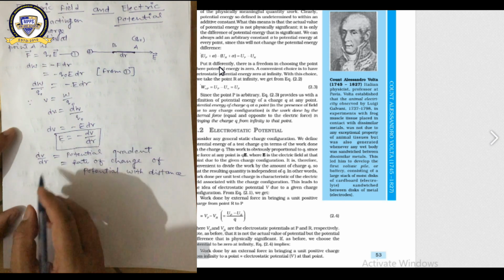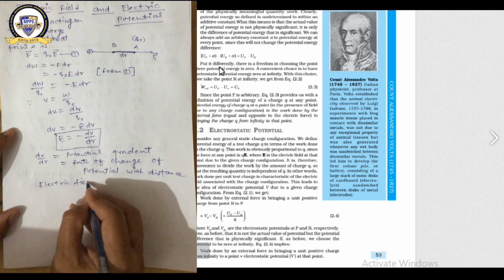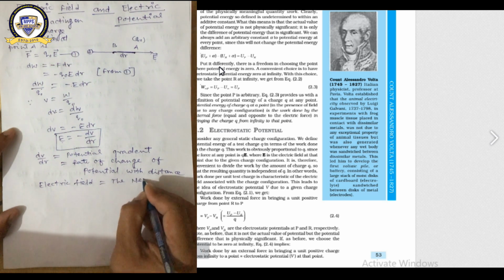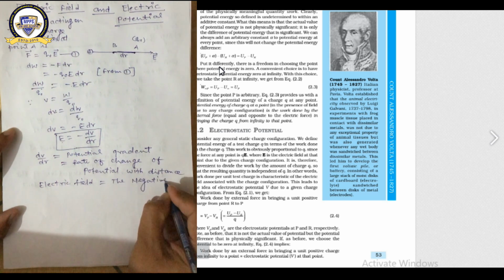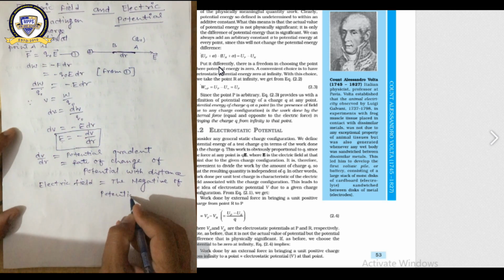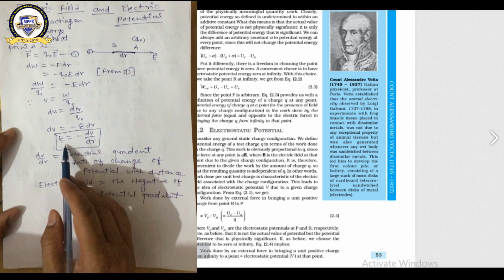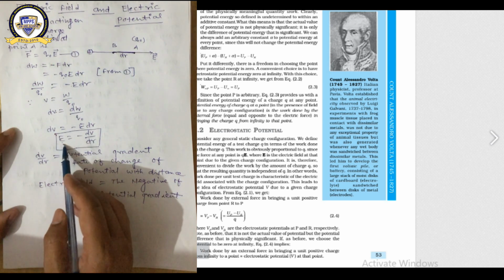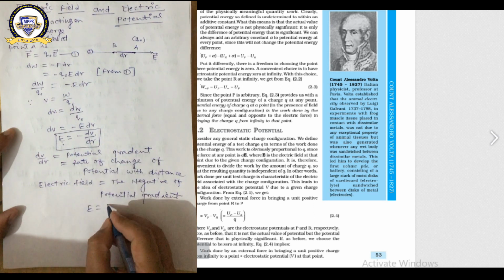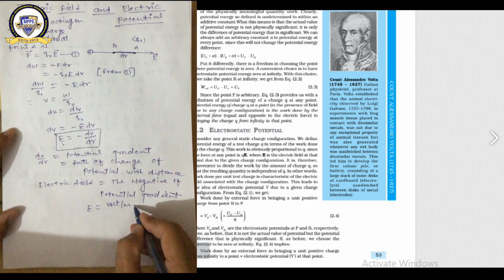In other words, you can define the electric field as the negative of potential gradient, and from this relation you can easily find the unit of electric field. Electric field unit: here it is potential, r is distance, so it is volt per meter. Okay.